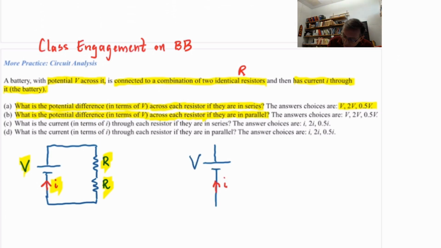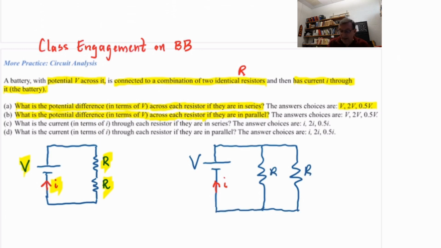And now these two identical resistors, R and R, are connected in parallel with each other, and in turn are connected directly across the battery. So now you are to find the potential difference across each resistor in terms of the V across the battery. The answer choices are V, 2V, or 1/2 V.